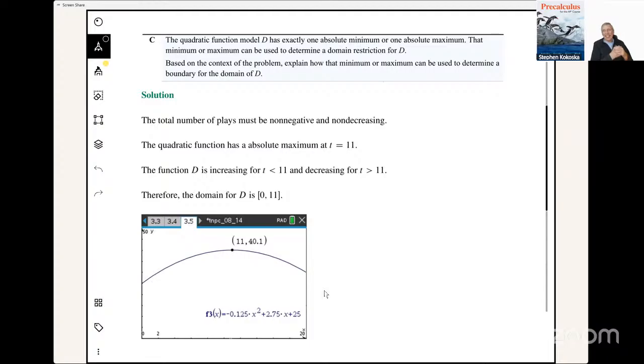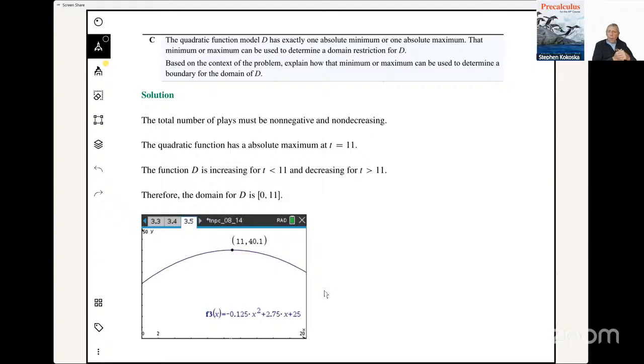Okay, now I attacked this a little bit differently here. So the quadratic function has exactly one absolute maximum or minimum. That minimum or maximum can be used to determine the domain restriction for D, and let's figure out what that domain restriction might be. I'm paraphrasing here. Let me think about this a little bit. Well, let's see. We know that this graph is that of a parabola.